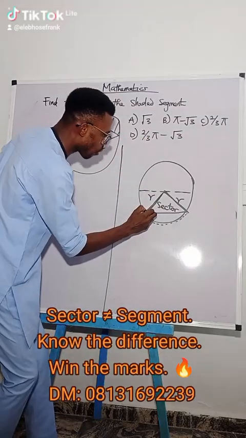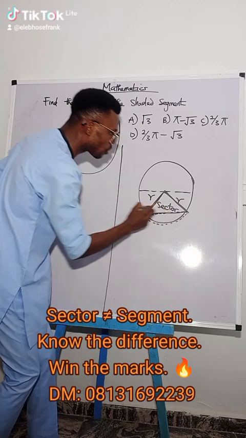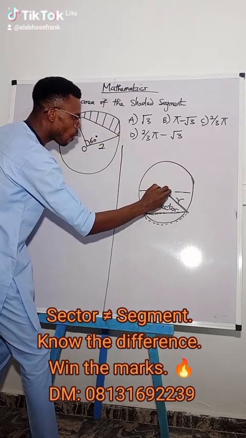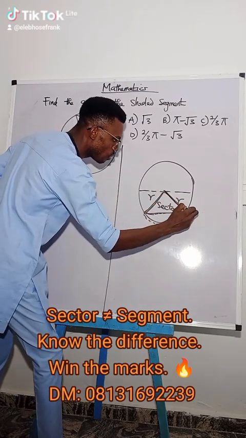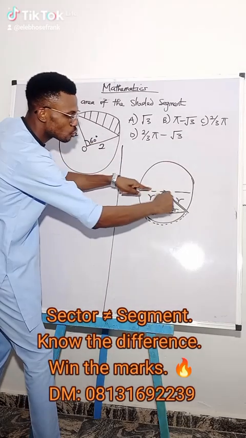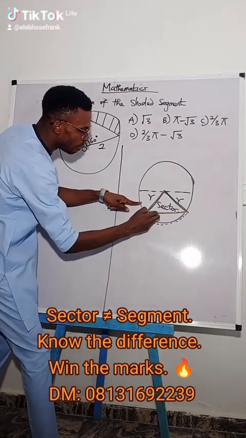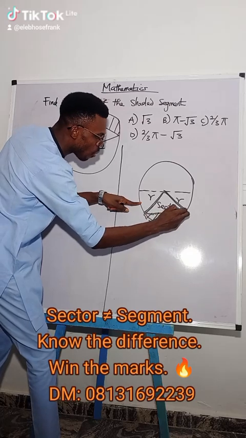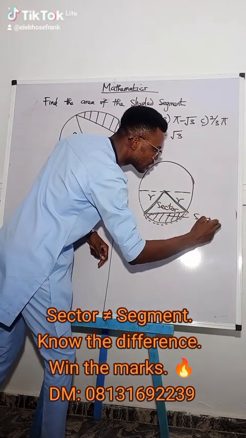Now if I draw this chord such that it cuts across the sector, this forms a triangle. If I pull out this triangle, that's these two radii and the chord, the part that is left in the sector is the segment.